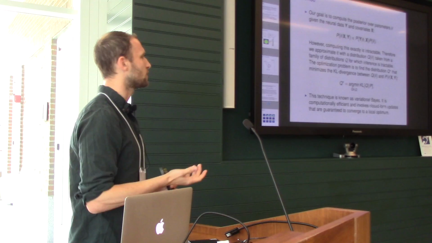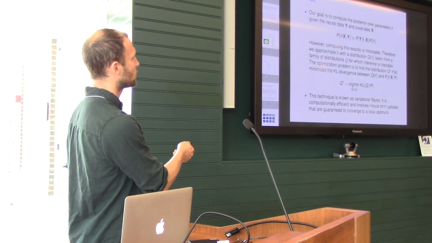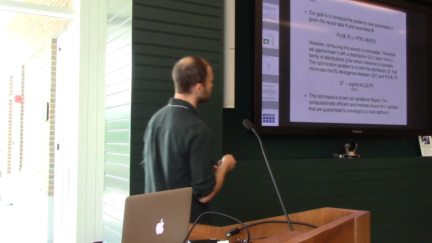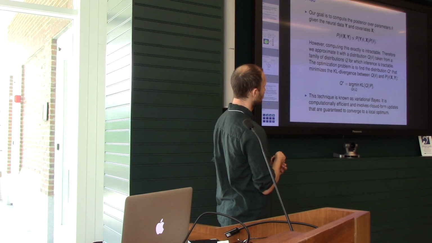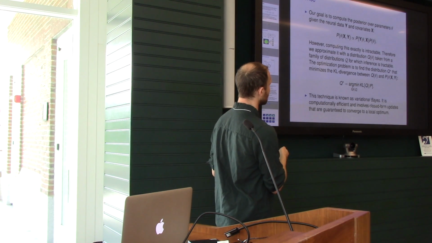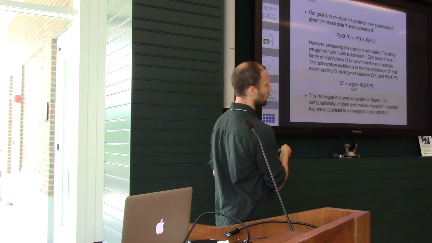So essentially what we're going to do is map this inference problem into an optimization problem. And the optimization problem looks like this. We're going to try to choose the approximate distribution Q that minimizes the Kullback-Leibler divergence between the approximation and the true posterior distribution. And so that minimizing Q is going to be denoted Q star.